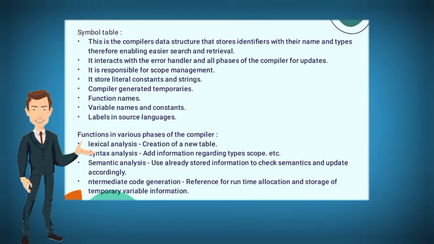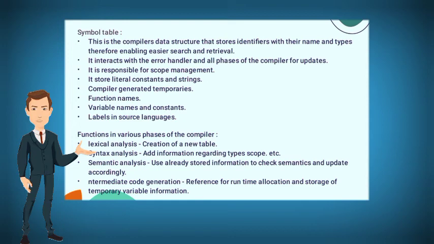It holds compiler generated temporaries, function names, variable names and constants, labels in the source language. Its function in various phases: in lexical analysis, creation of a new table; in syntax analysis, adding information regarding type, scope, etc.; semantic analysis uses already stored information to check semantics and update accordingly.